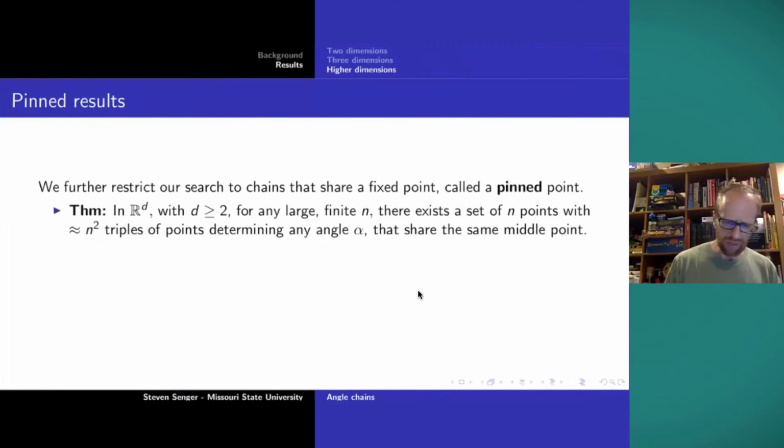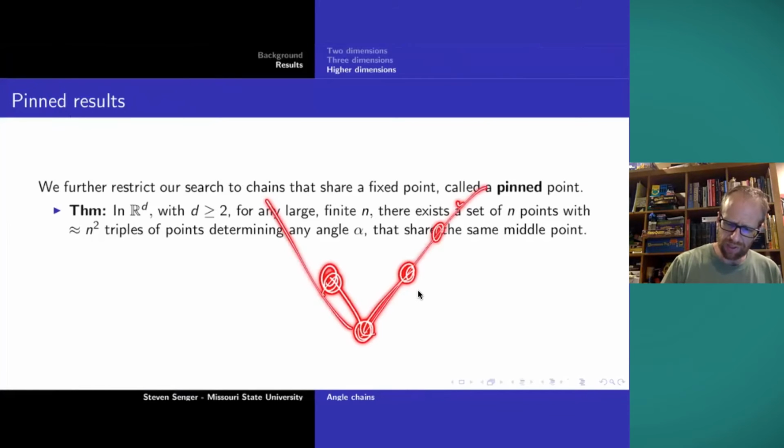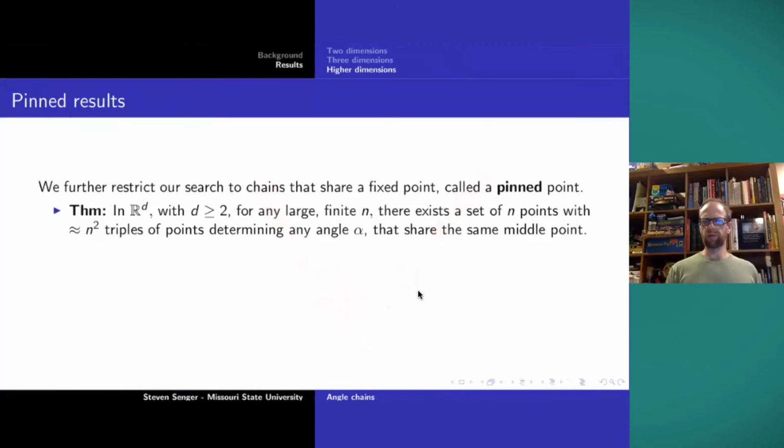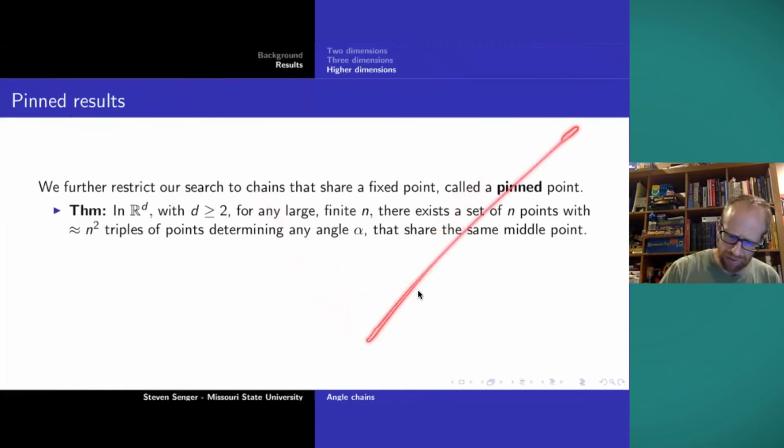If I'm pinning the middle points of my angles, it's pretty easy for me to just have that angle occur n squared times. I throw n points on this line, n points on that line, and make sure there's a point here. And then I've got n squared copies of that pinned angle with the middle point pinned.